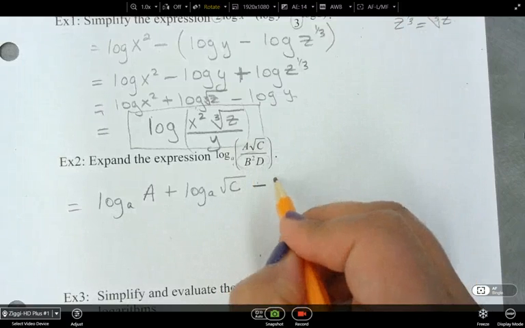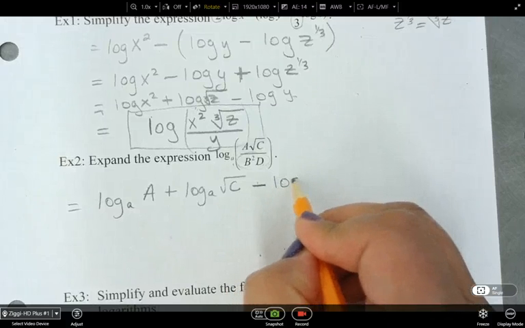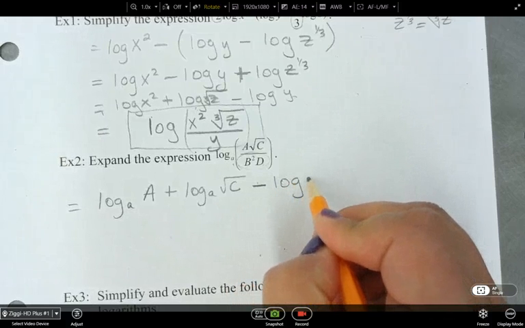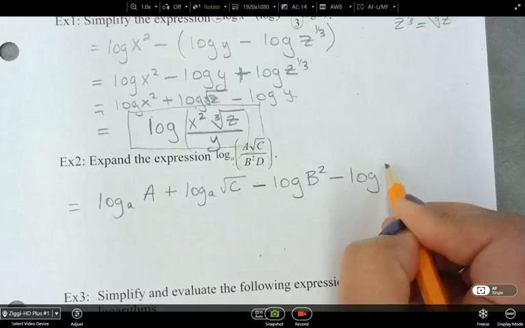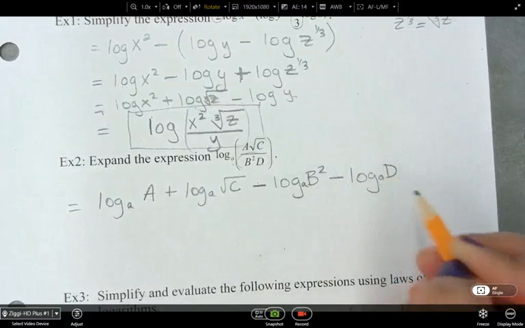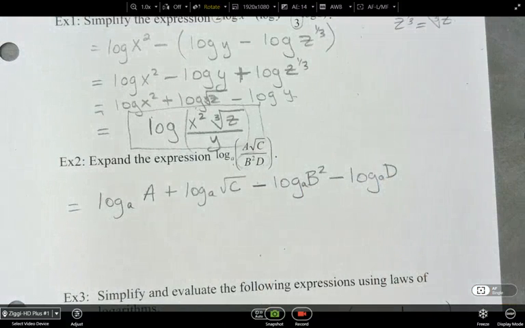So it's going to be minus log base a b squared minus log base a d. Okay.